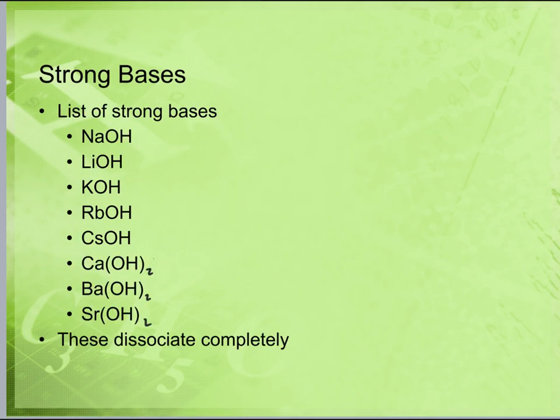Here's the list of strong bases. You need to, just like the list of strong acids, know these. Now, the nice thing about this, okay, we have NaOH, LiOH, KOH, RbOH, CsOH. This first bit here, those are all 1A metals plus a hydroxide ion.